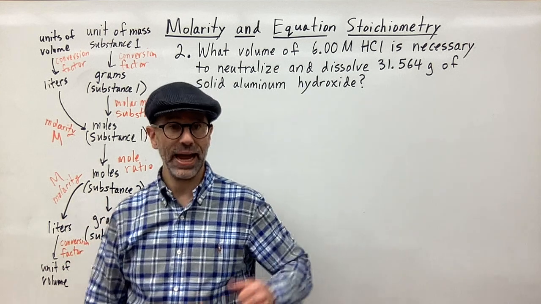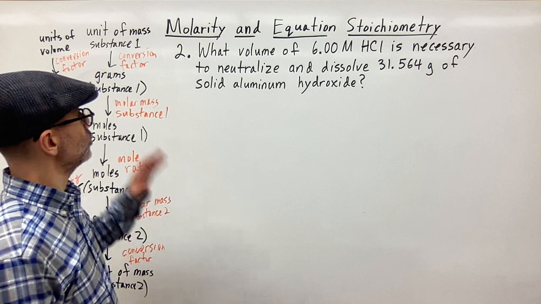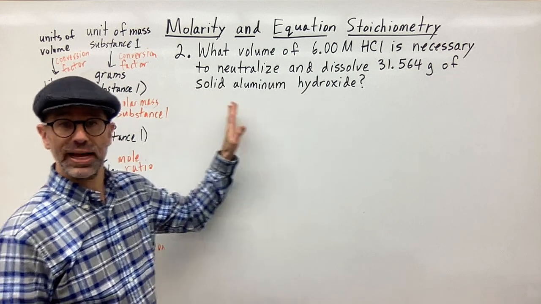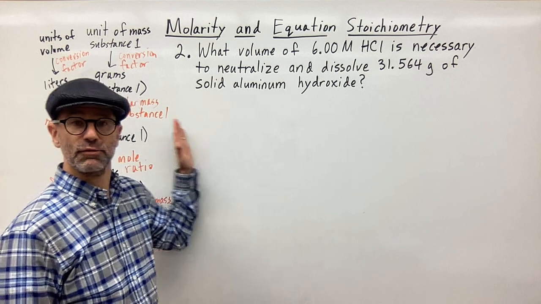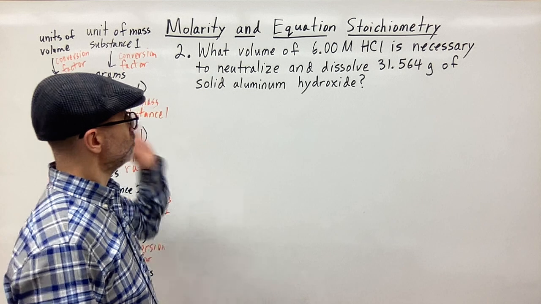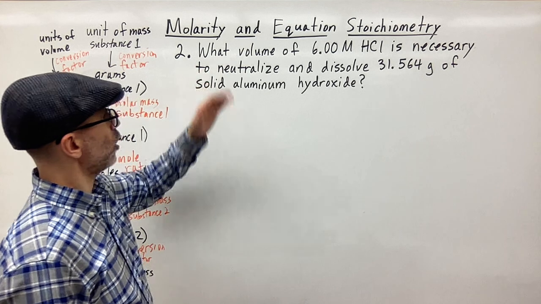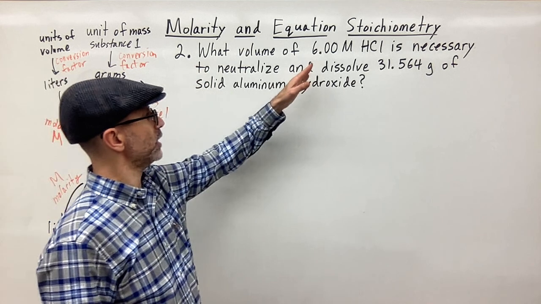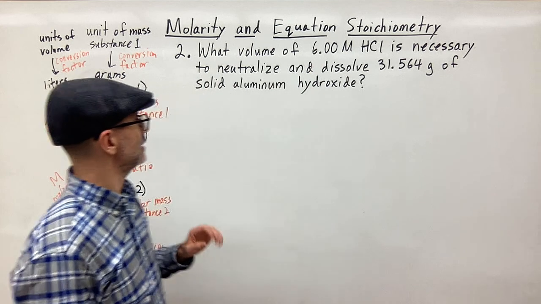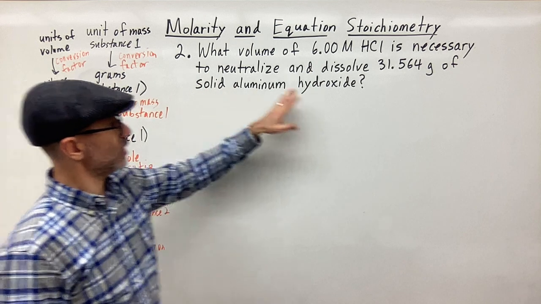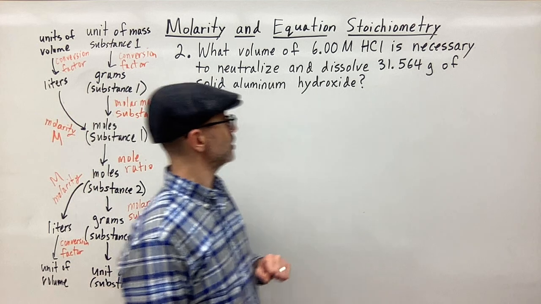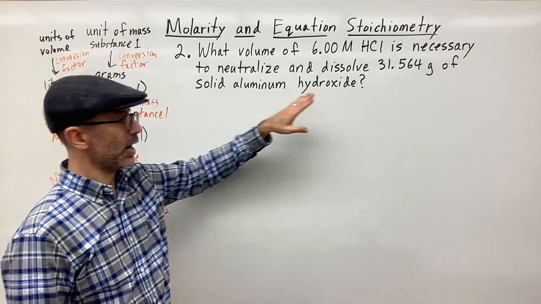Let's go ahead and apply this to our problem. The way that I do this is I use molarity as a conversion factor, and I just convert all the way through like I normally do. They're asking what volume of a 6.00 molar hydrochloric acid solution is necessary to neutralize and dissolve 31.564 grams of solid aluminum hydroxide.